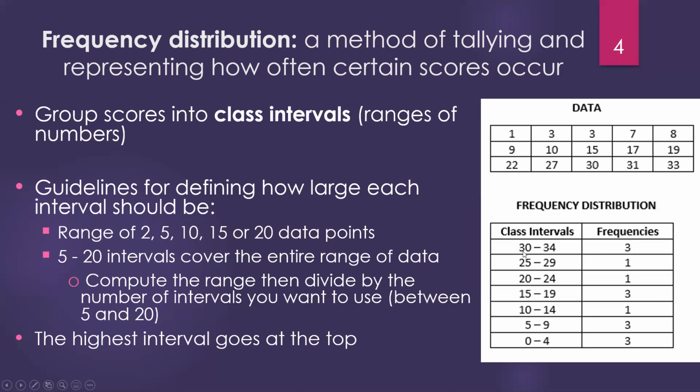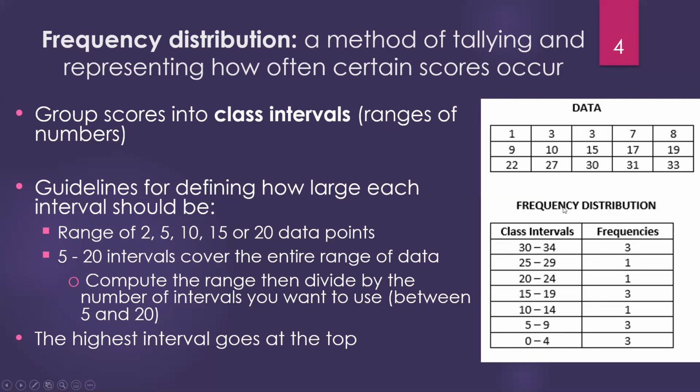You've appropriately counted up how many values, for example, are between 30 and 34. And the other key thing is that you have the lowest values at the bottom and the highest values at the top. So that's what I'll look for when assessing your frequency distributions.